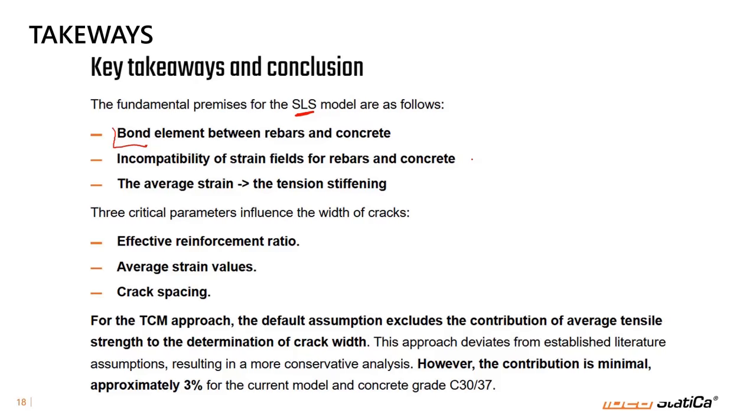So slip is ensured because there is some stiffness of the bond element. The average strain gives you some tension stiffening that is passed to the material diagram of the reinforcement rebars. Three critical parameters affecting the crack width are the effective reinforcement ratio, average strain, and crack spacing.